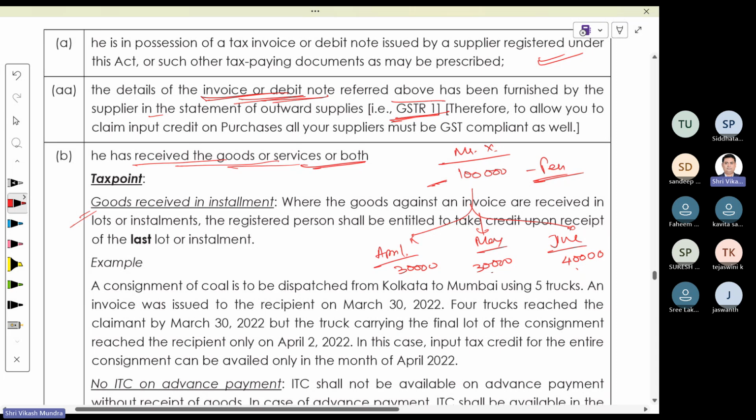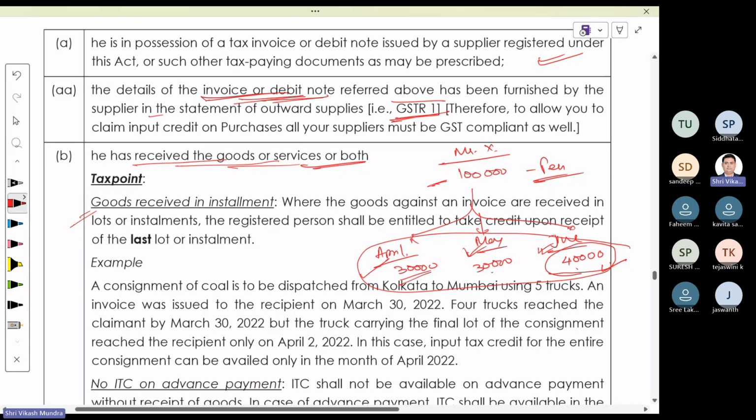Mr. Sandeep cannot claim ITC before the entire lot has been received. That means he can claim ITC in the month of June for the entire 1 lakh pieces of pen. He cannot claim proportionate ITC in the month of April, nor proportionate in the month of May and June.